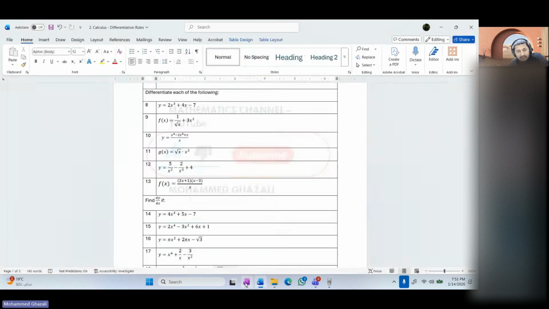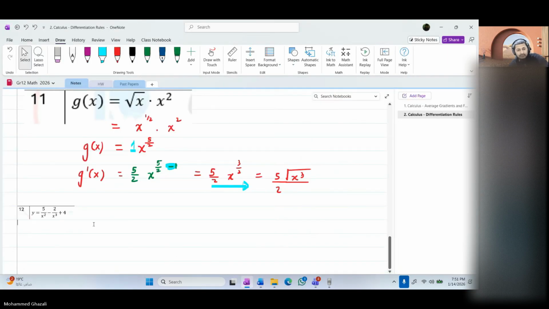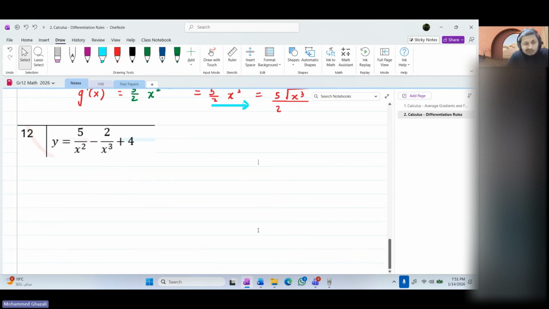Question 12. Mishka, you want to try this out? Y equals? Come on, guys. Try this. 5 x to the power.